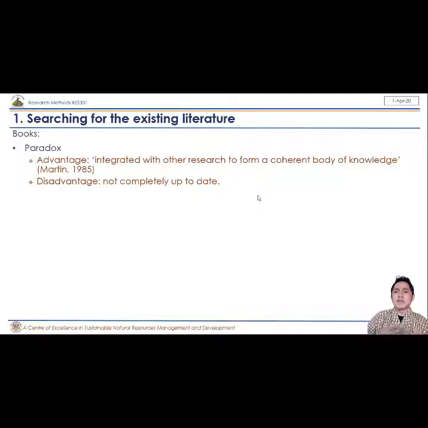Basically, whatever people have seen is made into a comprehensive book, and that's an advantage of a book, that it can give many kinds of information in just one book.